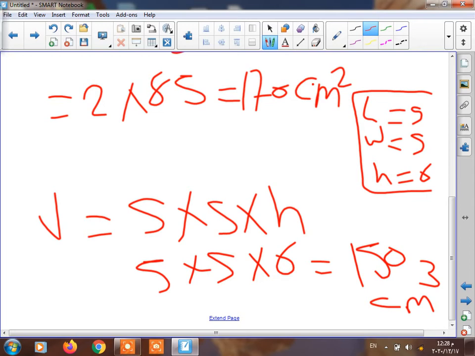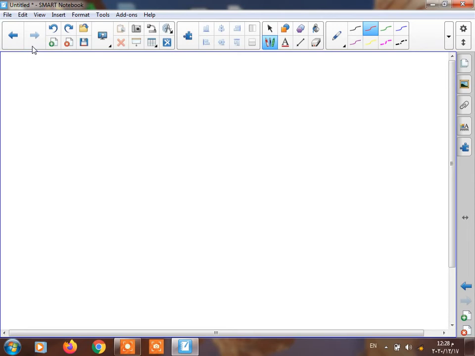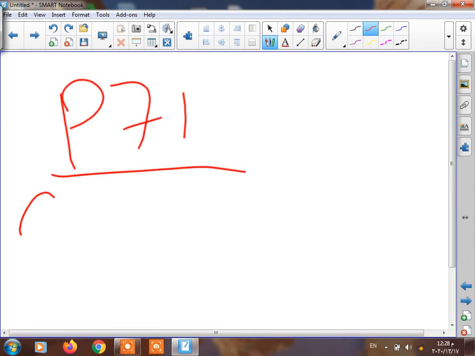After that, page 71. Question number 5. He said that the area of a circle is 154 centimeter square, find its circumference and its diameter.